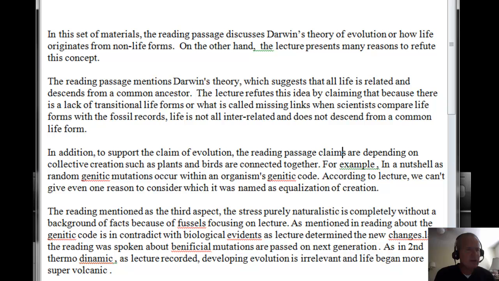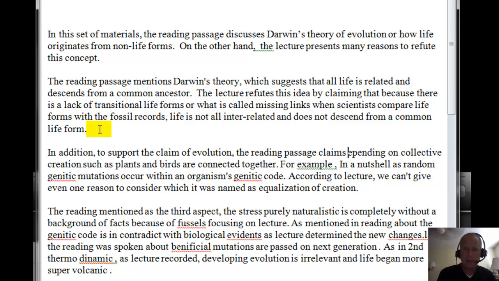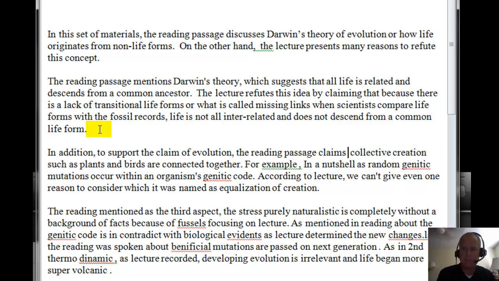I think the idea is complex creatures evolve from more simplistic ancestors naturally over time. How about this? Claims that collective creations such as plants and birds are connected together.